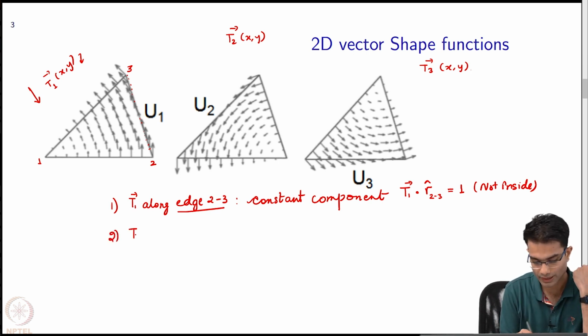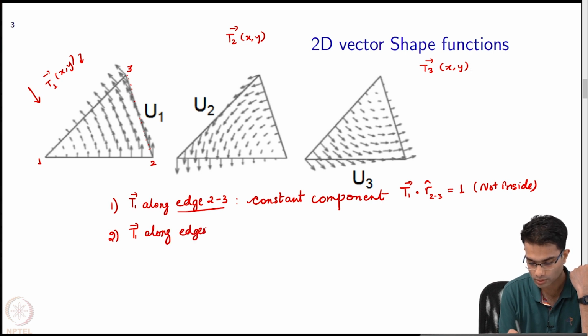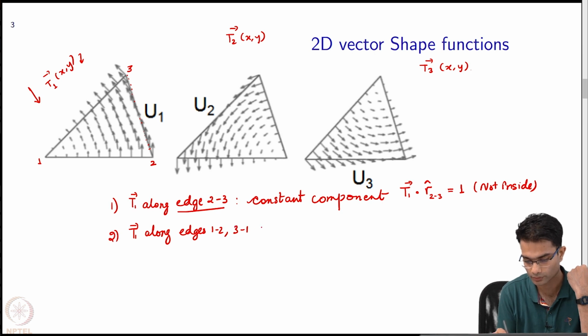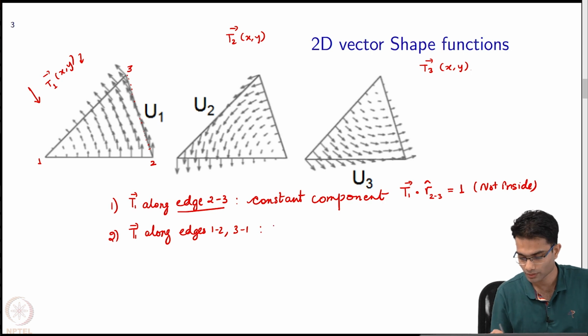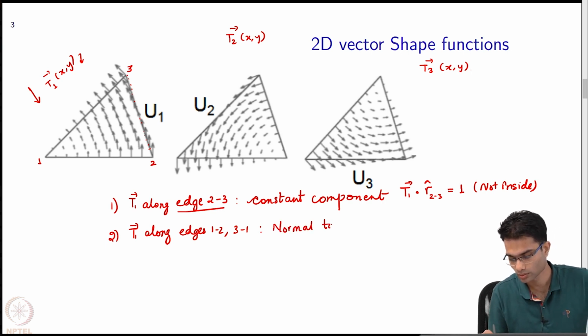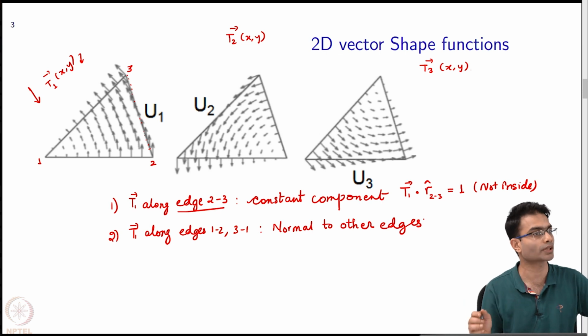What about T1 along the other edges? So, edges 1, 2 and 3, 1. What do you think it looks like? Normal, right? It is purely normal, there is no tangential component.